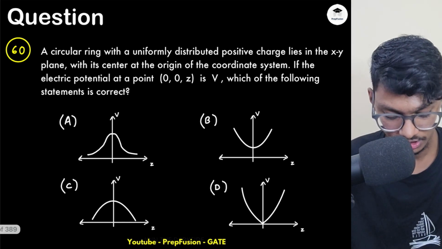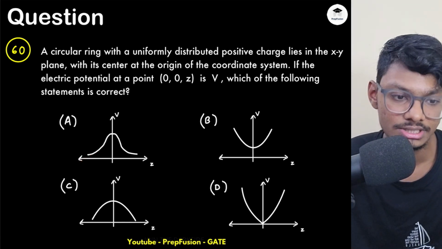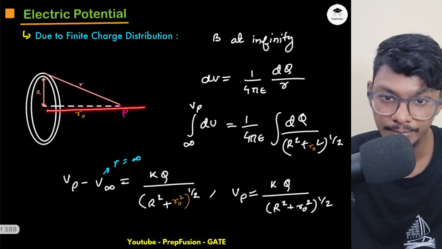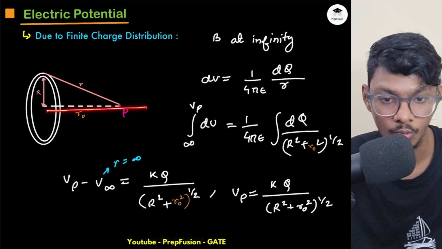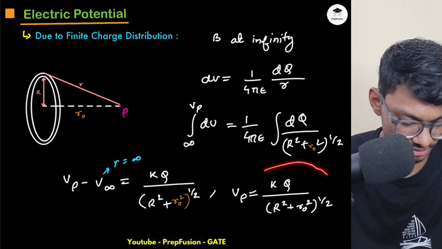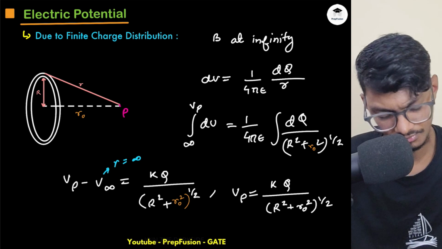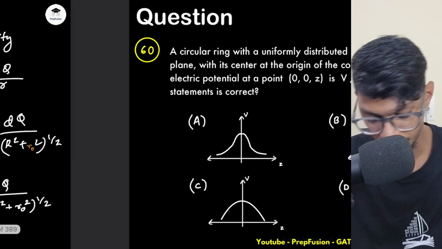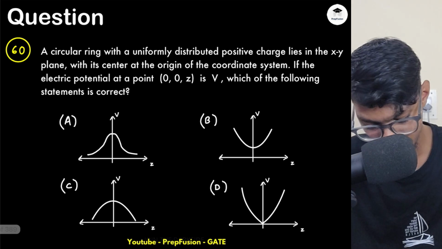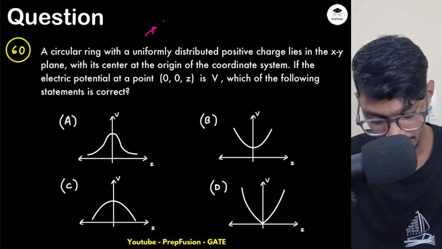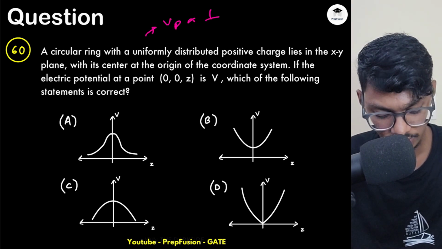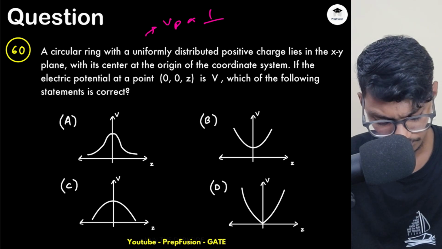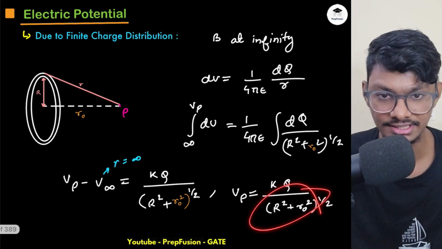Basically it is asking us, as this perpendicular distance changes, how will my potential vary? What I can observe is a reciprocal format, like the potential inversely varies with respect to the perpendicular distance, but not exactly inversely.